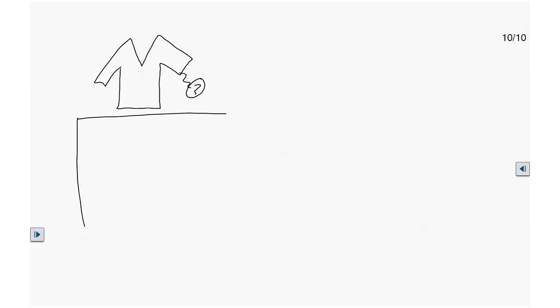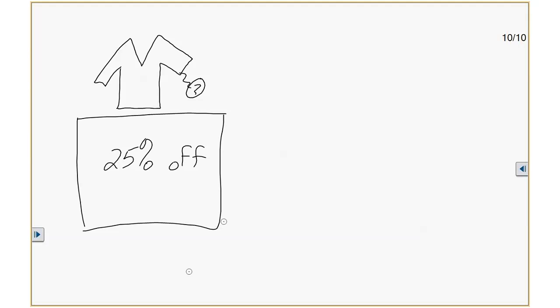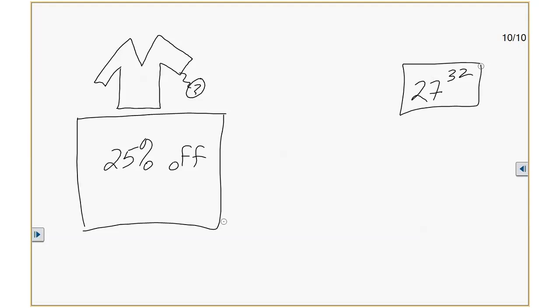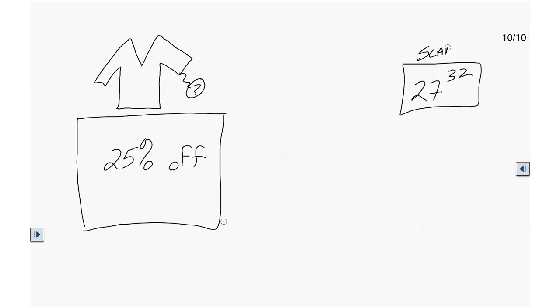And that table says 25% off. You go to scan it, and they say that the price is $27.32.